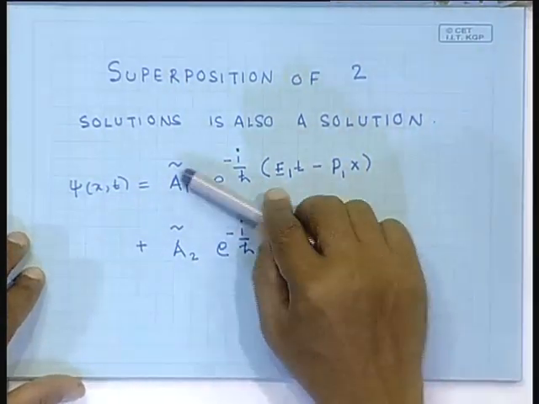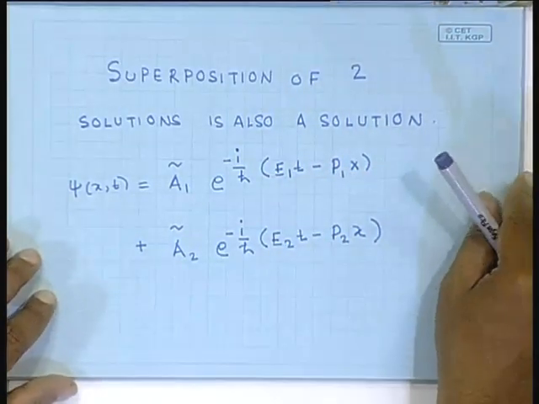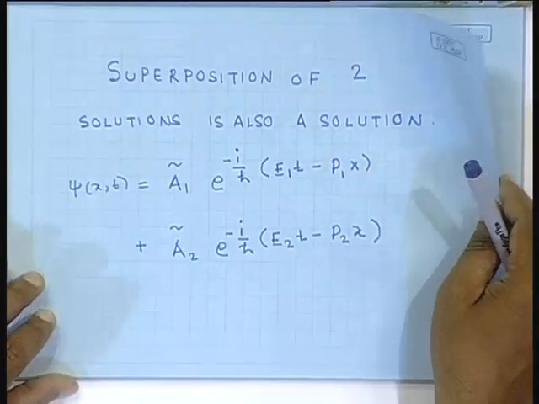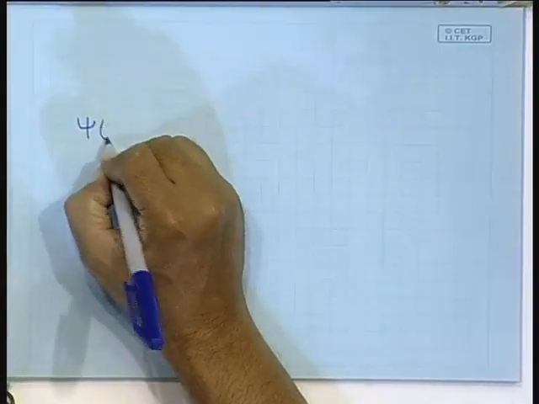And if I change these coefficient constants, each of them will give me a different state of the electron. I can generalize this further, so I can write down a solution that looks like this.